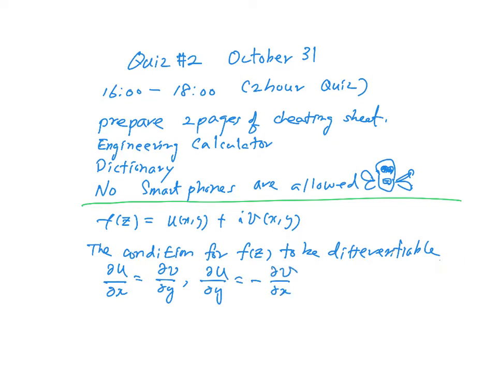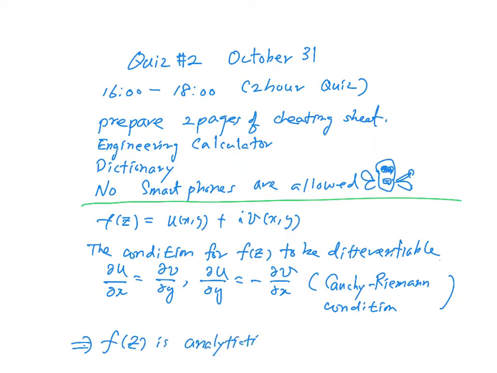If the complex function f(z) satisfies this Cauchy-Riemann condition, then we call f(z) analytic. So when f(z) is differentiable, it satisfies the Cauchy-Riemann condition, and we say the function is analytic.